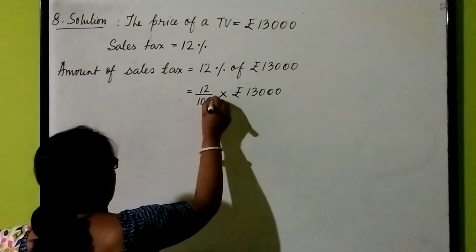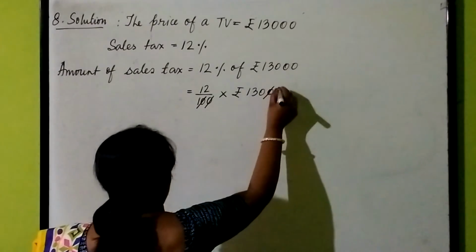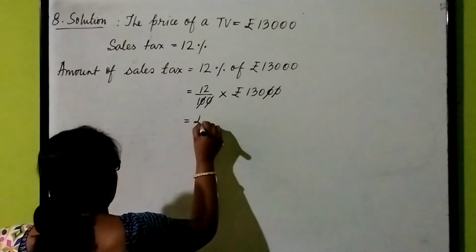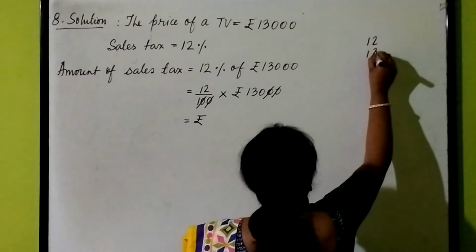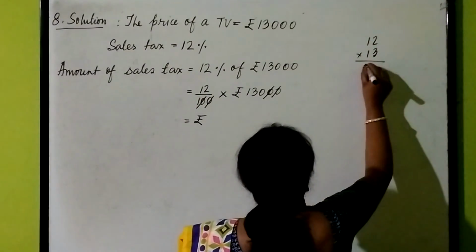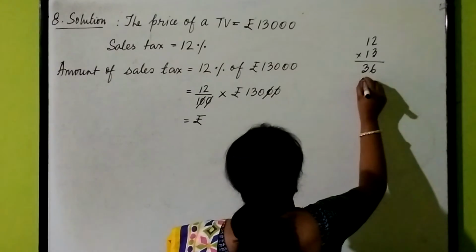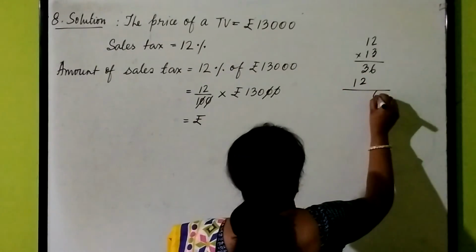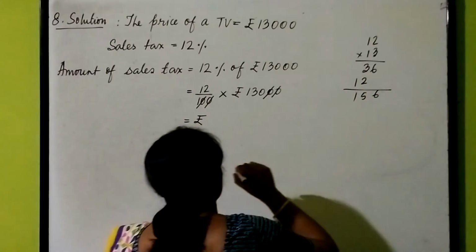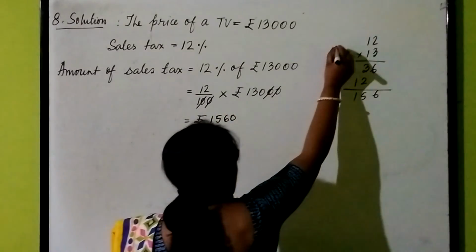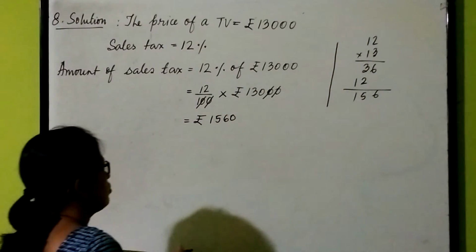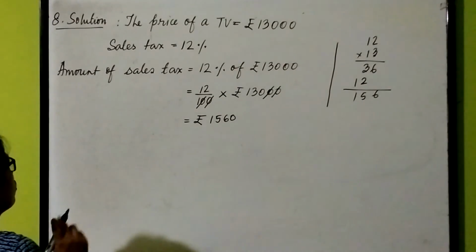Now 2 zeros cancel. Now it will come to rupees 12 into 13. Let us see what the value is. 12 times 3 is 36, and so on. So 1560. Am I right? Yes, 1560. This is the sales tax.